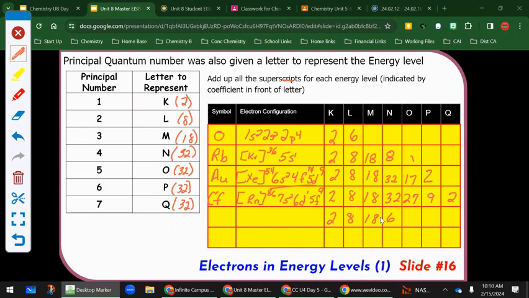Find the fourth energy level and put a 2. They're in order from 1 to 7. Now, back in the third, there are how many more? 6. Go to the third and add 6, whatever it is. So this would be 14, right?